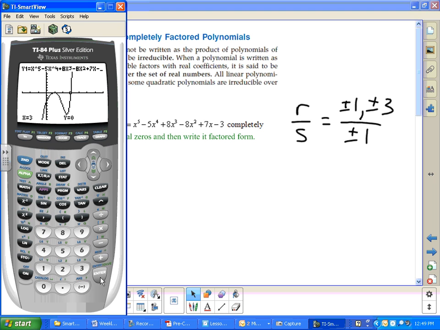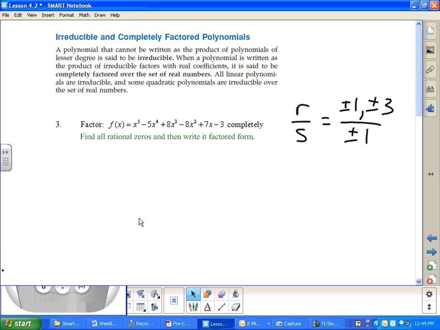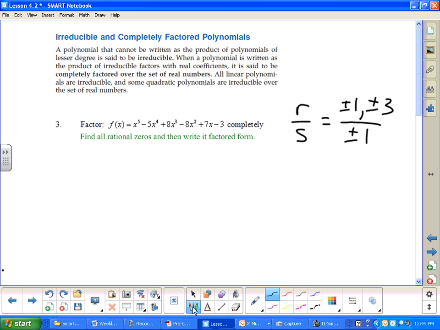It represents 1 happening twice. That means if I write it as a factor, I have x minus 1 squared, and I have x minus 3. Well, that only adds up to a degree of 3, but this is degree 5. So somewhere else there's got to be x squared there.